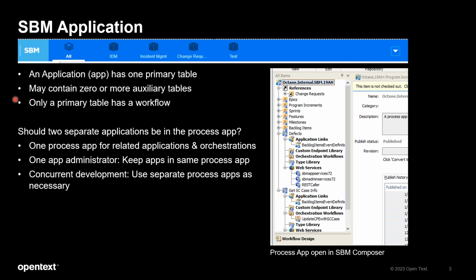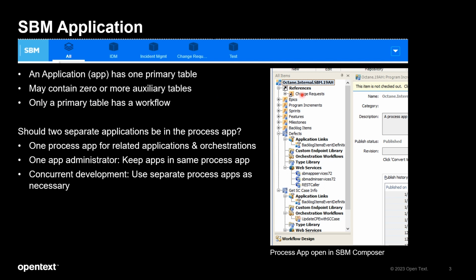If you want more than one person to work on your related applications, in other words, concurrent development, it may be best to place each application in a separate Process app, with each Process app containing a reference to the other application.